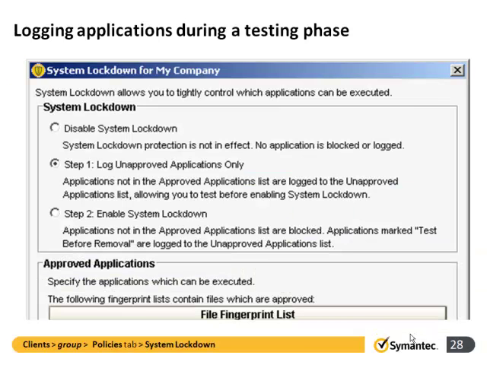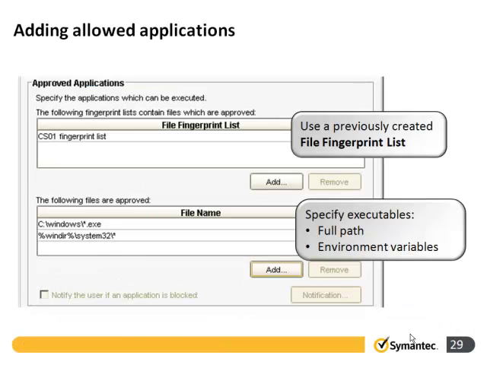So how do we set the logging of applications on during a testing phase? For the system lockdown for my company, for the whole site, we're going to set log unapproved applications only. So we're in test mode. We're not going to block anything yet. We can add in the allowed applications. So we're using the previously created file fingerprint list.